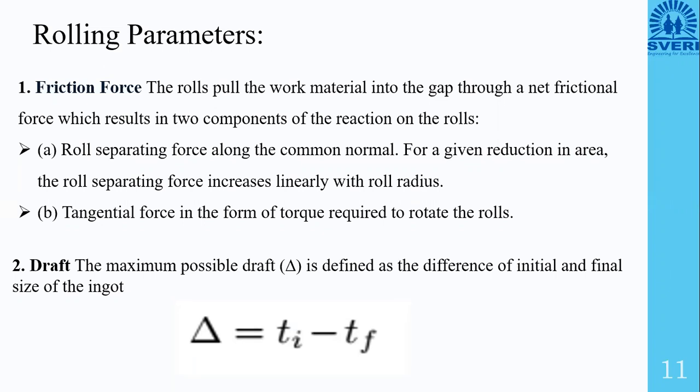If I draw this figure here, this is one roller, this is the other roller. The circle is not exact, but you can understand. This is the material inside it.